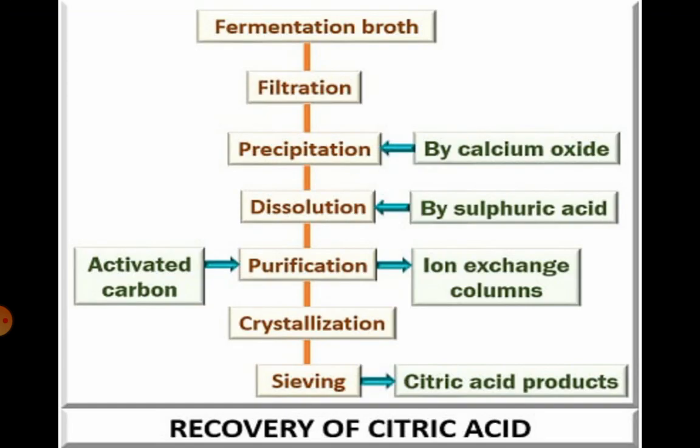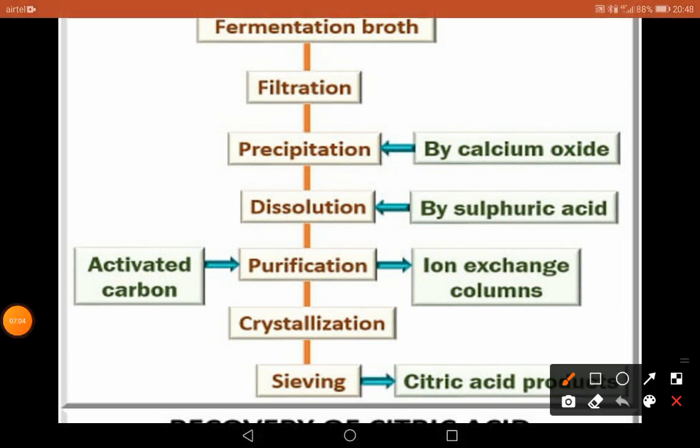So this is again the downstream processing. What we have to do is collect the fermentation broth by removing the fungal hyphae or the fungal biomass. Then after filtration, we go for the precipitation. In the precipitation, we are adding calcium oxide.